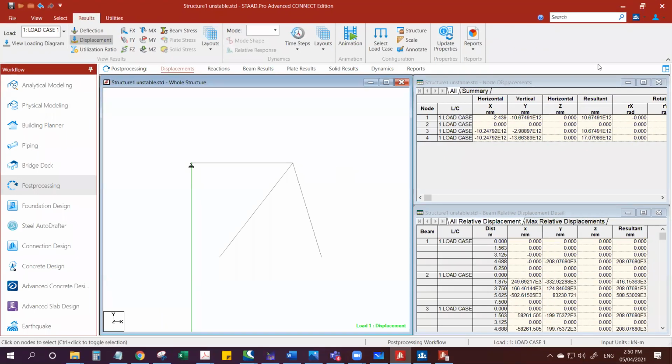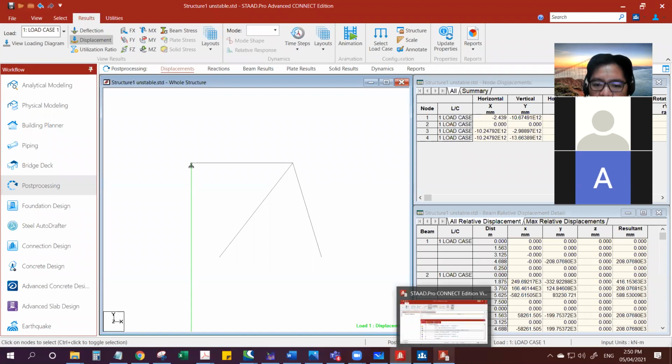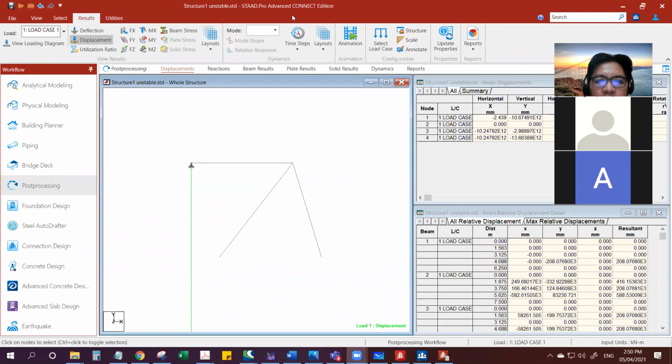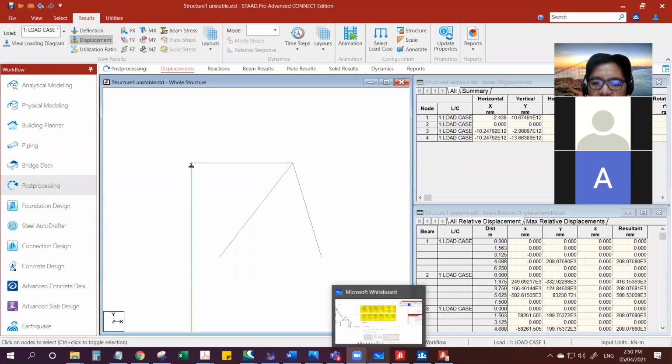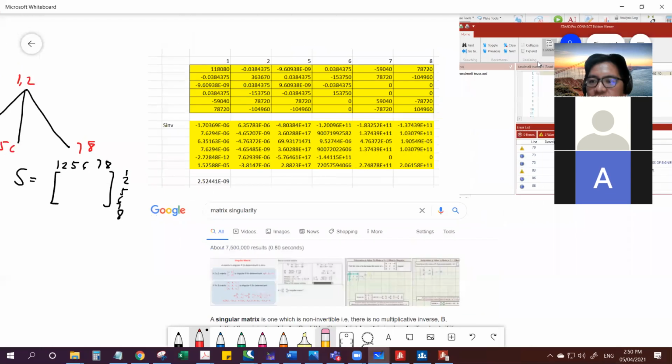So it's proof that you have an unstable structure. Okay, so that's it for the singularity, the singular matrix. So that's the physical meaning. And we can now proceed to the beam.